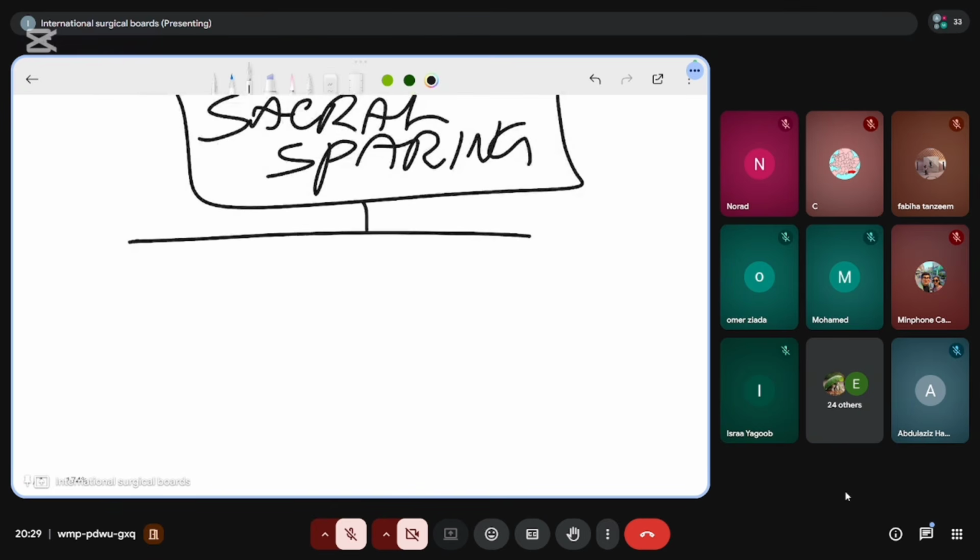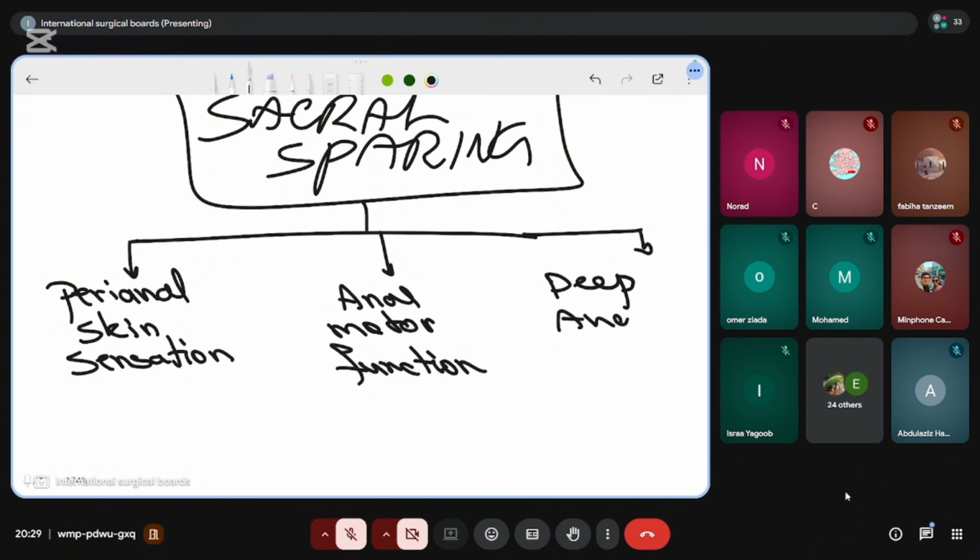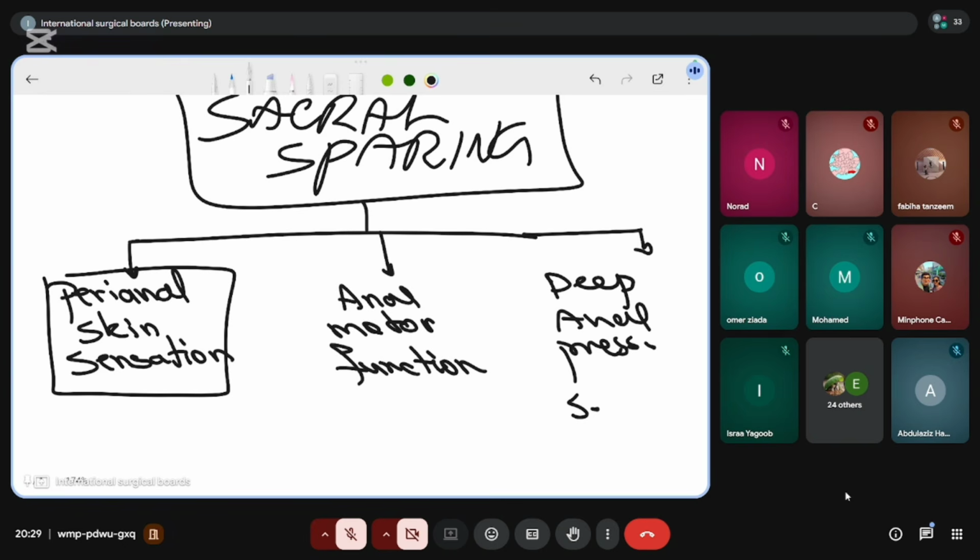Number one, perianal skin sensation. Number two, anal motor function. Number three, deep anal pressure sensation.